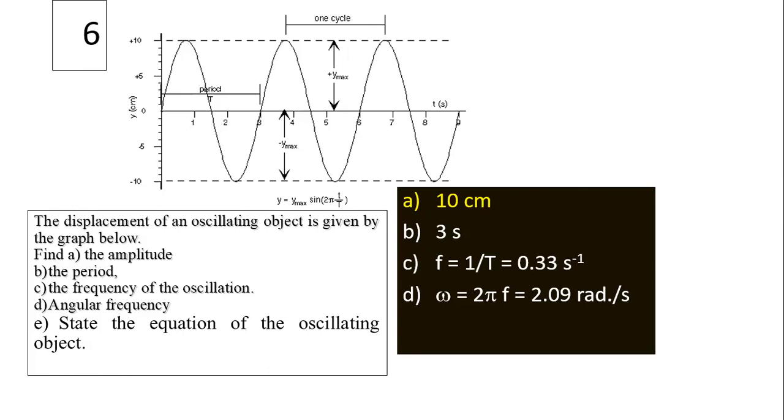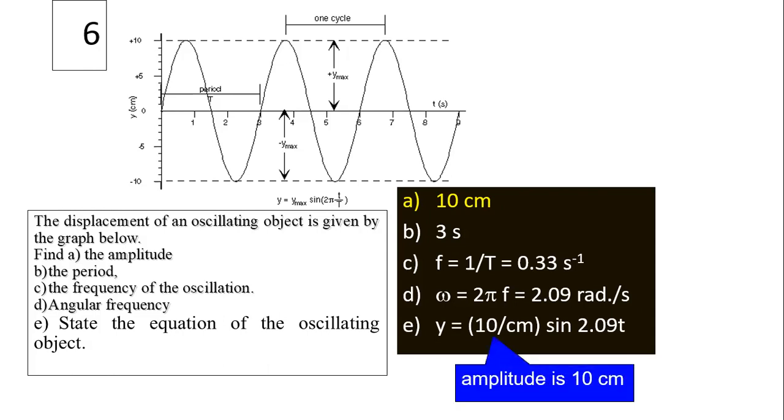Y equals 10 sine, 2 pi over 3 t. Okay, good. That's all. Okay, that's the amplitude in cm. Either you state it or you just draw that. There's a stroke to tell you that, right? This one amplitude is in cm.